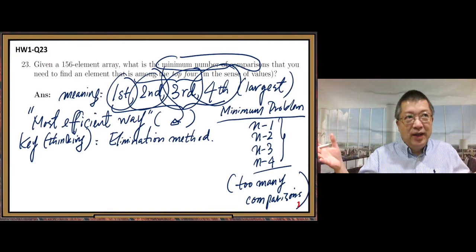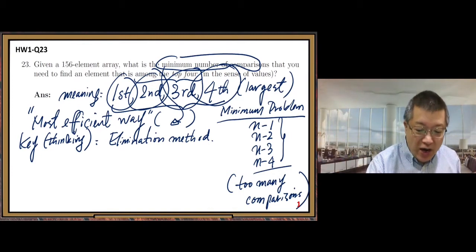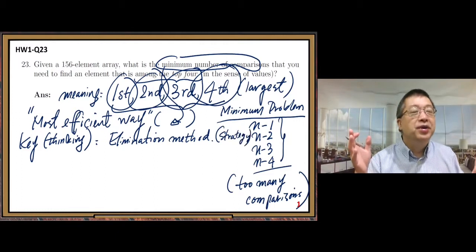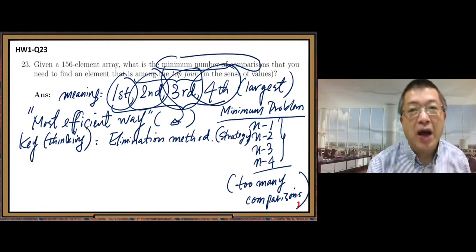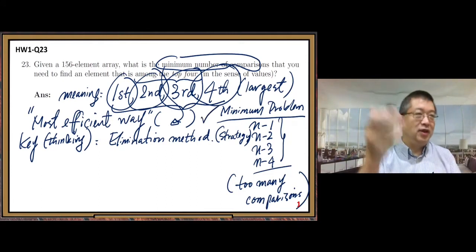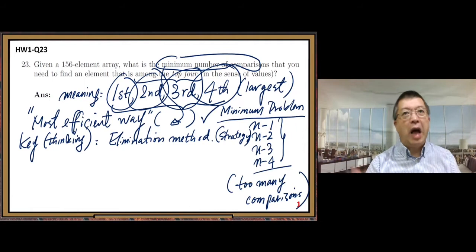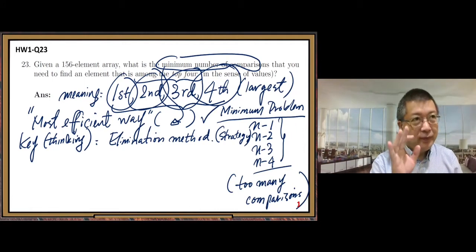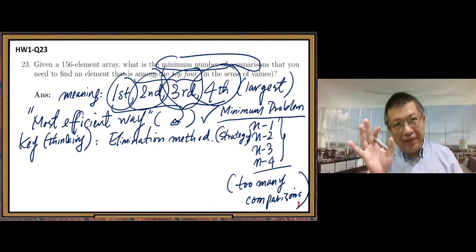We can call using the elimination method our strategy. But the question is, how do you apply the strategy, the execution part? We know the execution part is also very important in problem solving. The strategy part is easy, but how? That is the hard part.